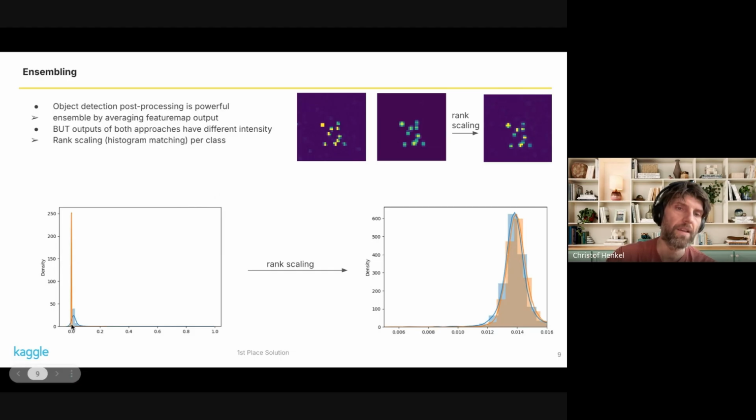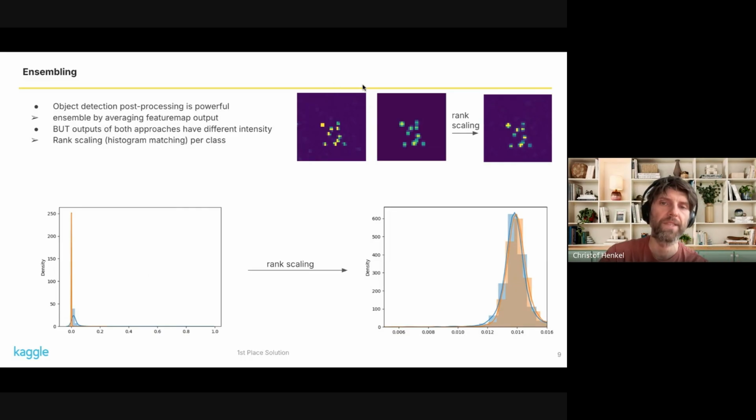I think the blue predictions are from Eugene's approach, and the orange ones are from my approach, meaning you take all the output pixels, flatten them out, and do a histogram of all the values you get. So all the predicted values go into a single histogram, and you see that my approach basically predicts way lower values in general, and Eugene's model predicts way higher values in general, which are also more spread out.